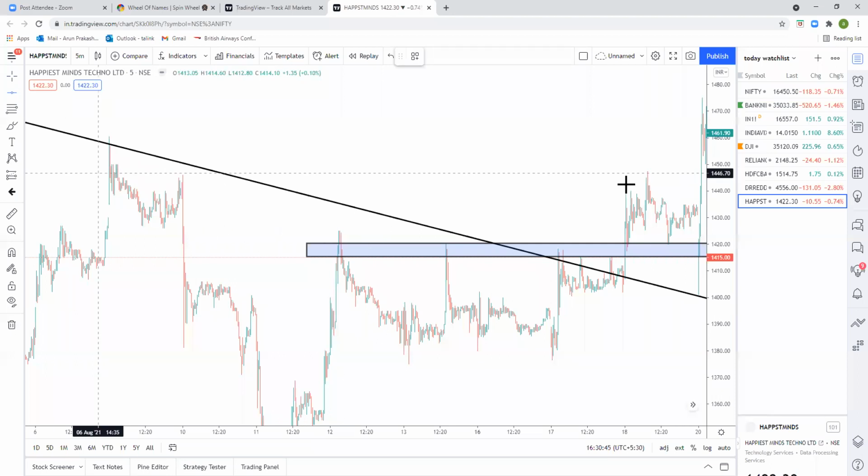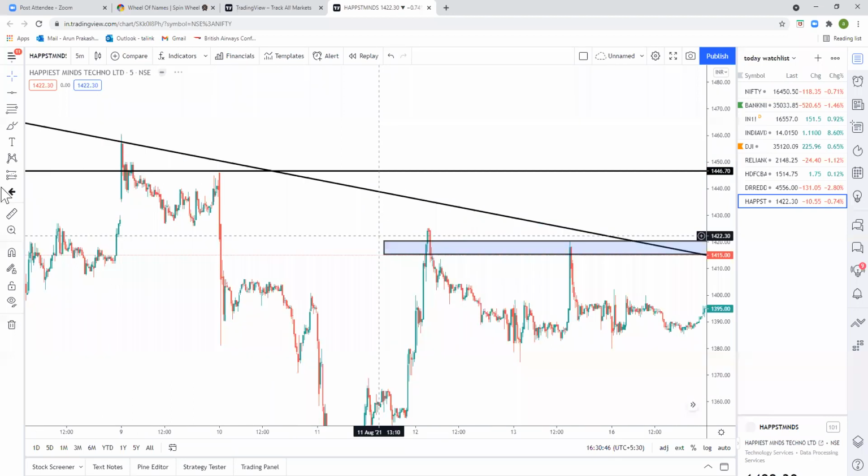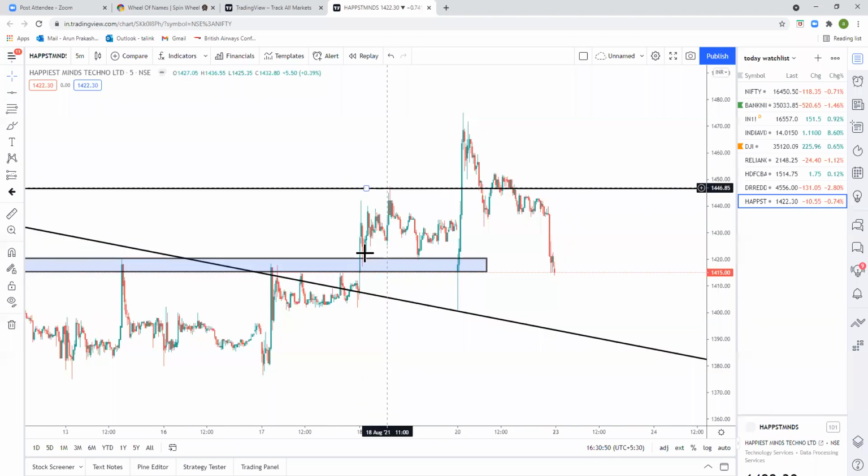The stock has taken resistance from this point. So if you entered around 1423, I'm not taking the lowest point of this week, let's be a little practical, the highest point is around 22 points away. Let's keep it a little lower, 15, 16 points, because you already have a resistance level here.